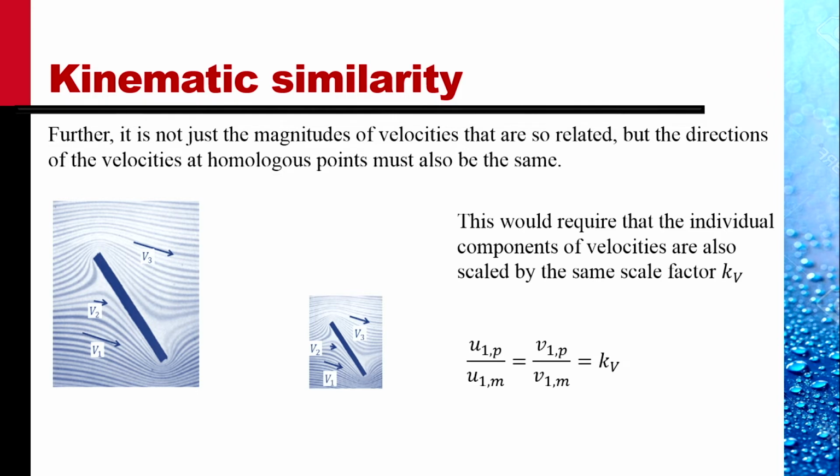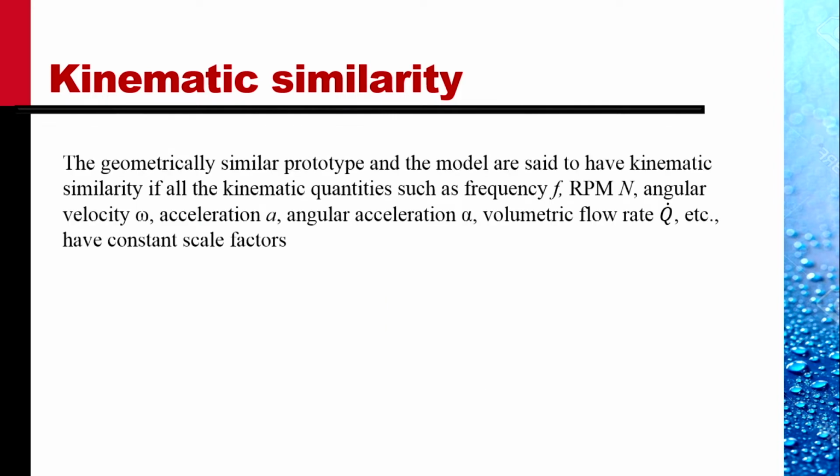fields. The geometrically similar prototypes and models are said to have kinematic similarity if all the kinematic quantities, including the velocity, such as frequency f, the RPM n, the angular velocity omega, acceleration a, angular acceleration alpha, volumetric flow rate Q dot, etc., have constant scale factors.